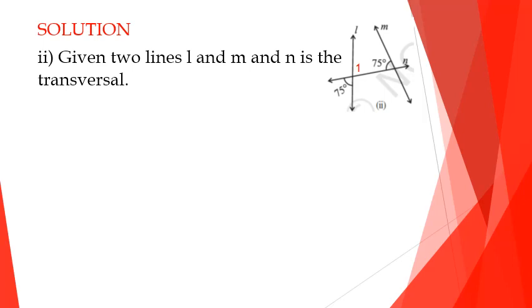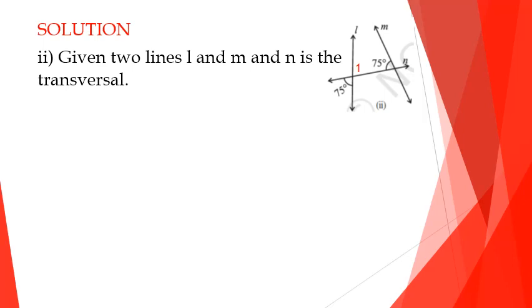No. Are they interior angles on the same side of the transversal? That is also not given. In this type of case, you have to mark angle 1. Here I marked it opposite to 75 degrees. So you have to draw this figure and mark it as 1 in your notebook also.